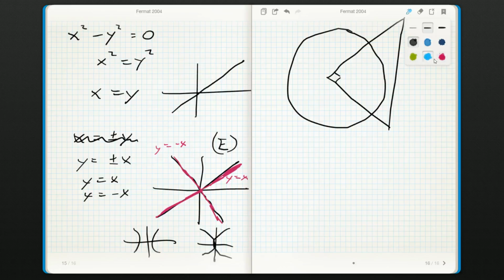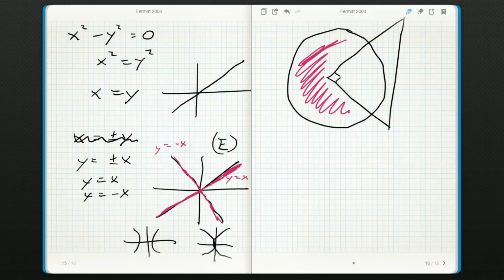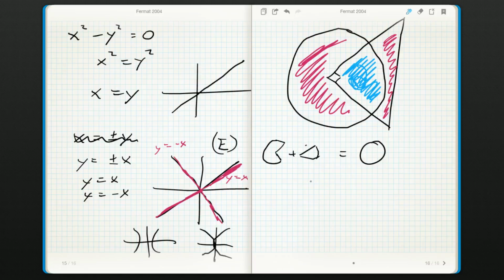So the idea is there's some overlap here, and the area inside the circle but outside the triangle is the same as the area inside the triangle but outside the circle. And then there's this wonderful blue overlap. So it doesn't actually matter how much these guys are overlapping, if at all, because we've got this red Pac-Man slice plus the overlap between the two is equal to the area of the circle.